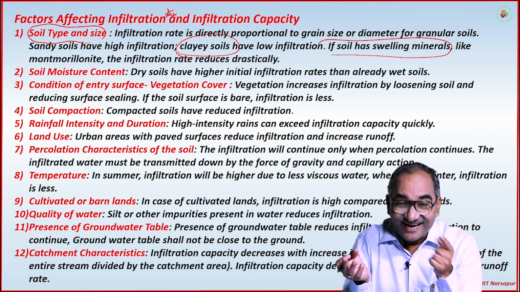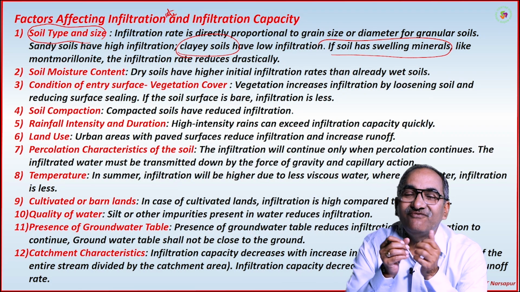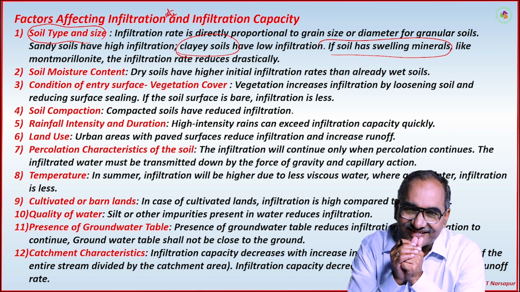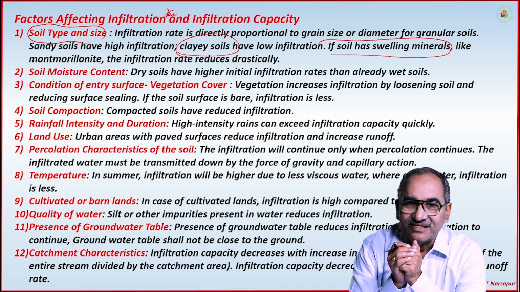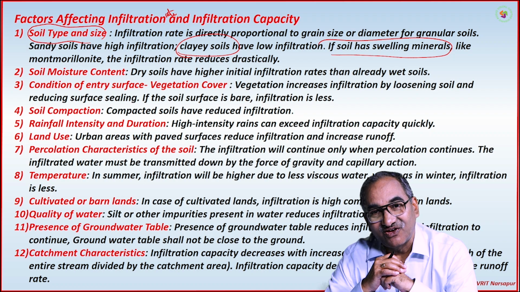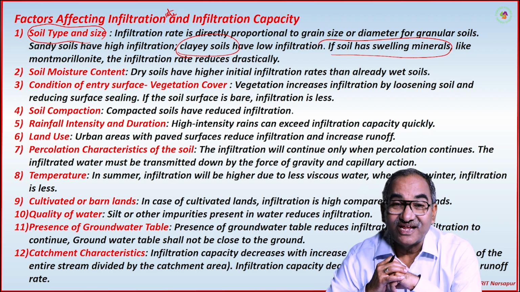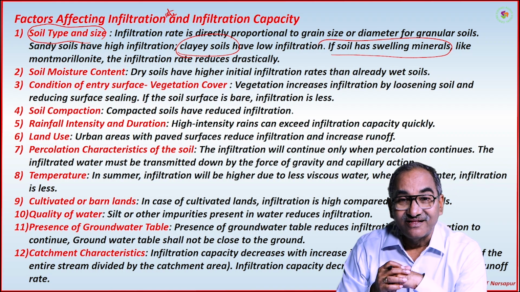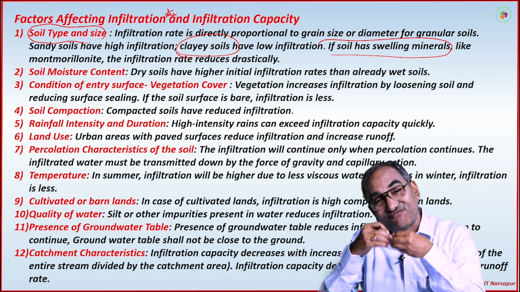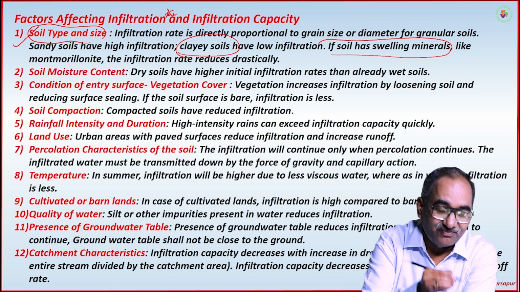Second, if it is a granular soil like sandy soil, the infiltration rate is high. If you take a clay soil, the infiltration rate is less. If you take black cotton soil, where the swelling minerals are there, the infiltration rate is further less. So this is the first point.